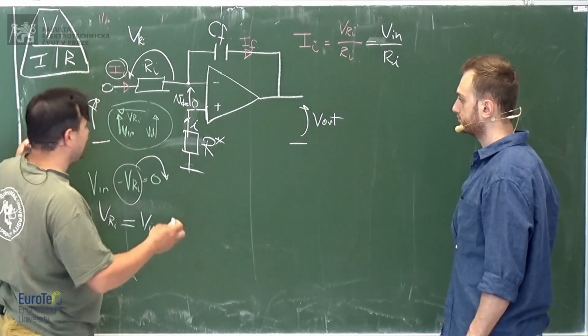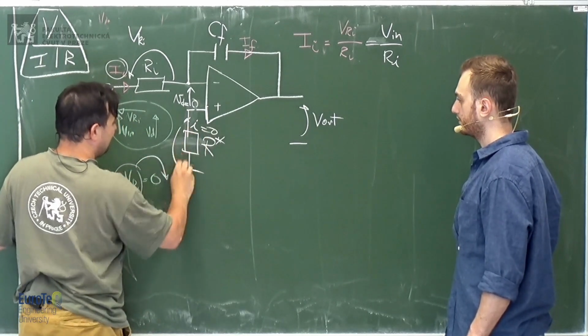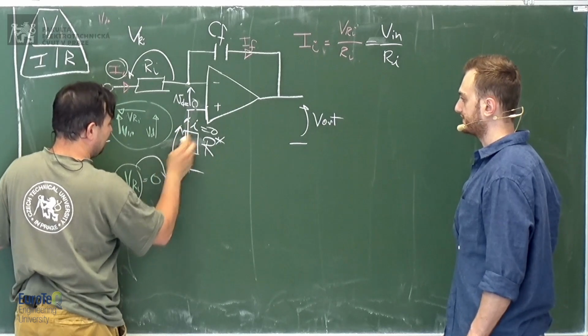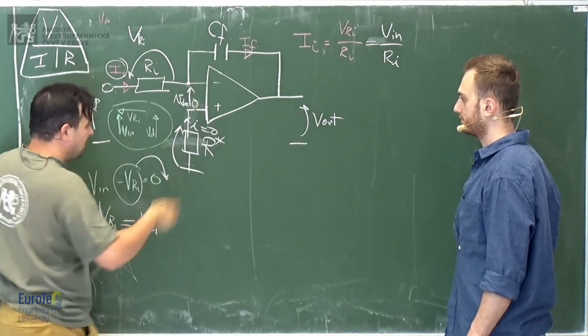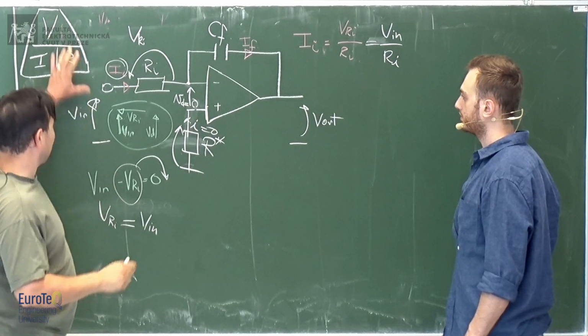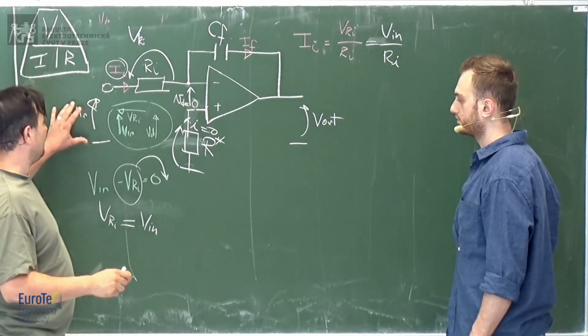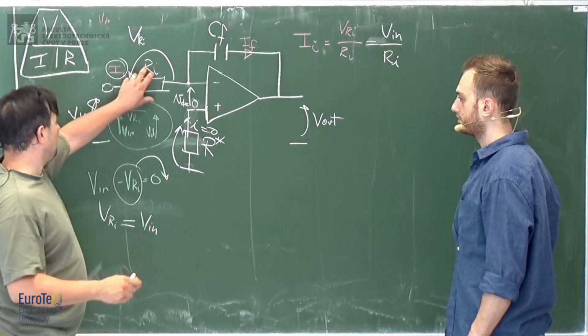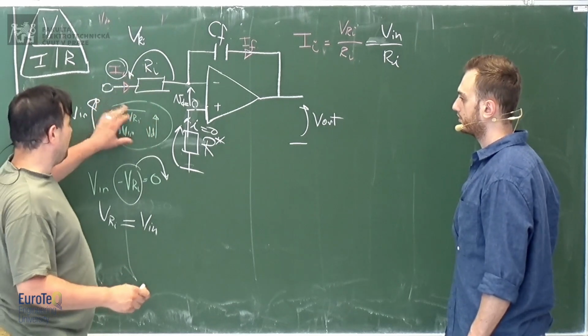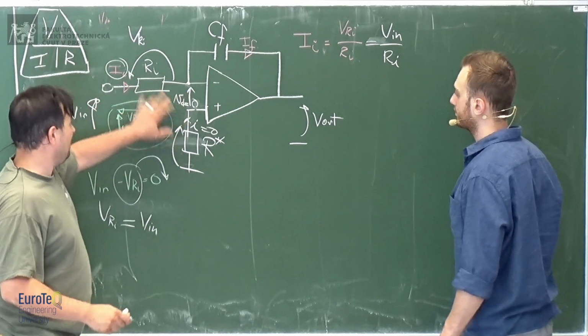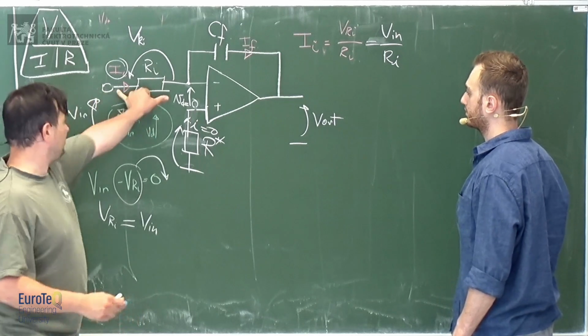Now in this case, it's a bad example because this is zero. That's zero, so it's the same: voltage is zero, voltage is zero. But generally speaking, the current is not always Vin divided by Ri. It is here because we have zero voltage, and therefore we can say that this voltage is equal to this one.